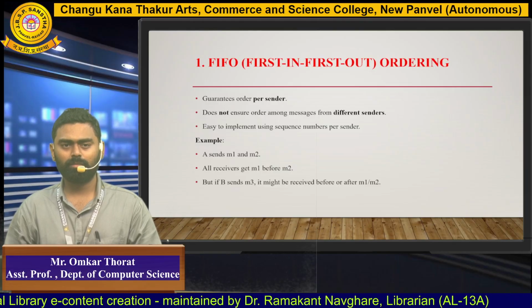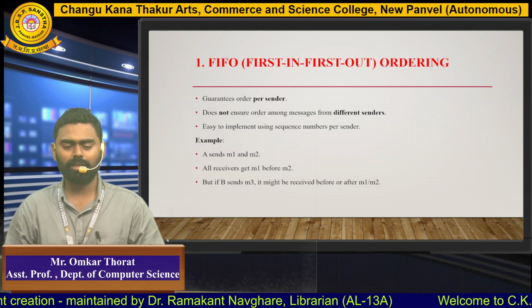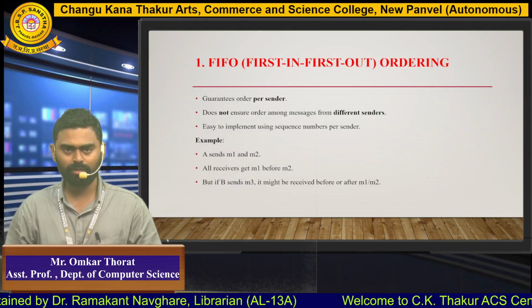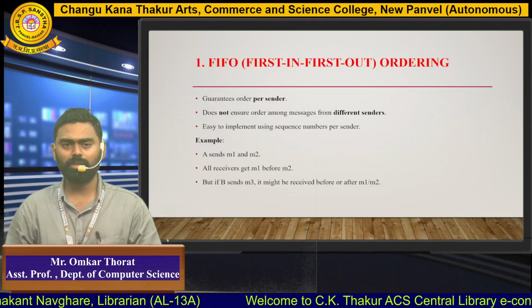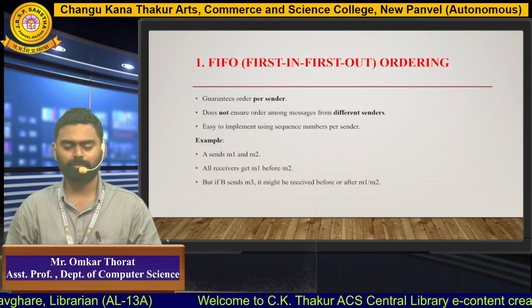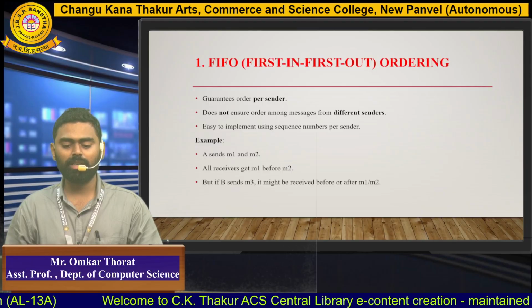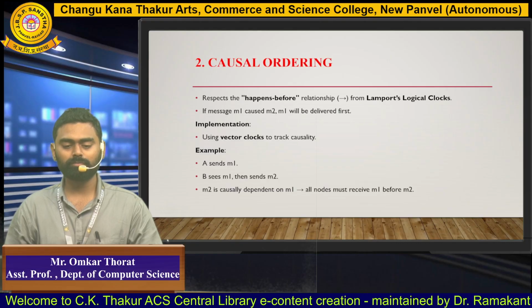A sender sends M1 and M2, where M1 is message 1 and M2 is message 2. All receivers get M1 before M2. It means M1 is sent, then M2 is sent from the sender side. But if B sends M3, it might be received before or after M1 and M2.